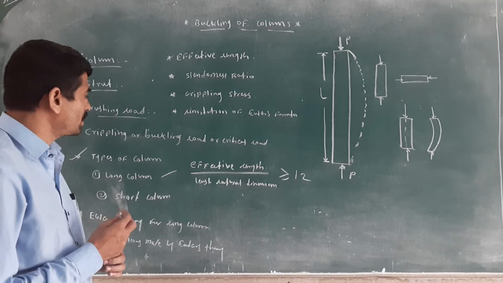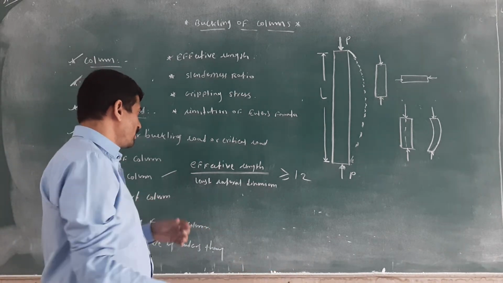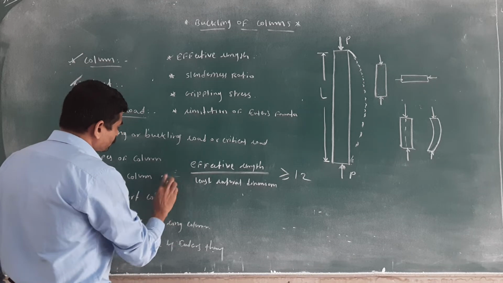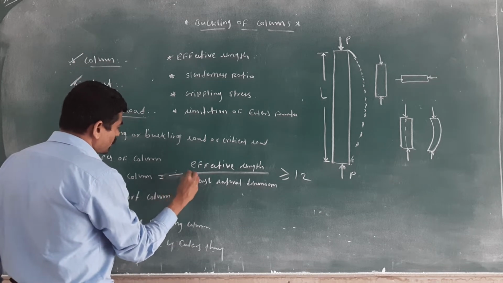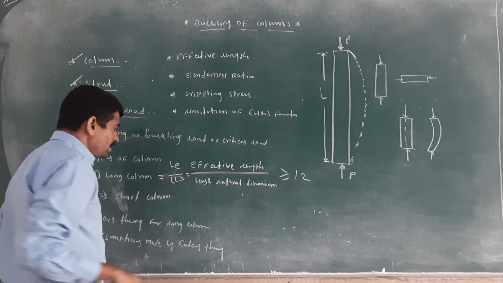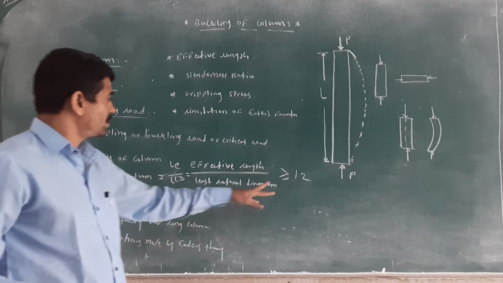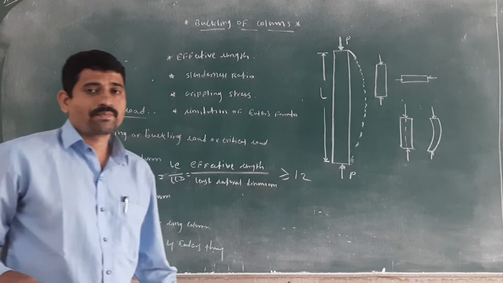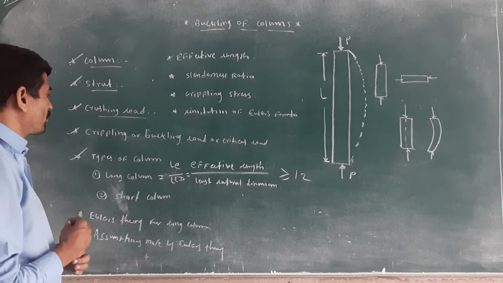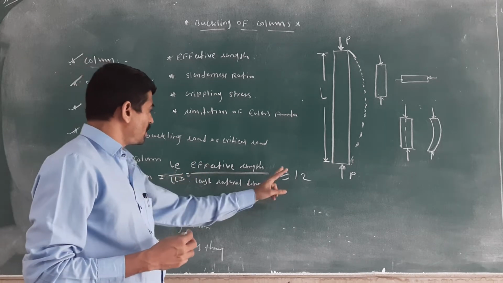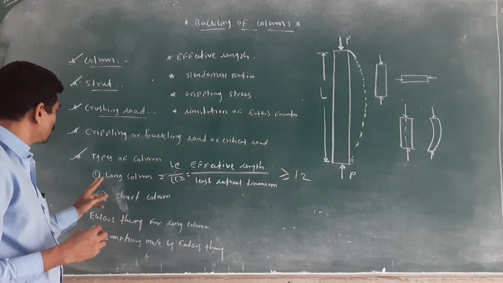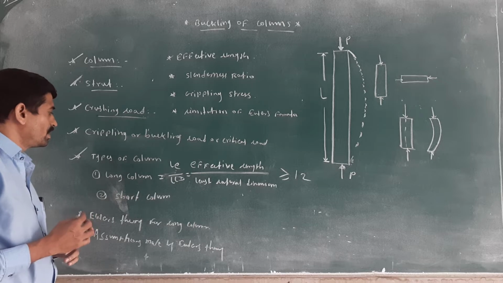How to identify whether the given column is a long column or not? You have to check the effective length, denoted by LE, and the least lateral dimension, LLD. If LE divided by LLD is greater than or equal to 12, then we can say the given column is a long column.